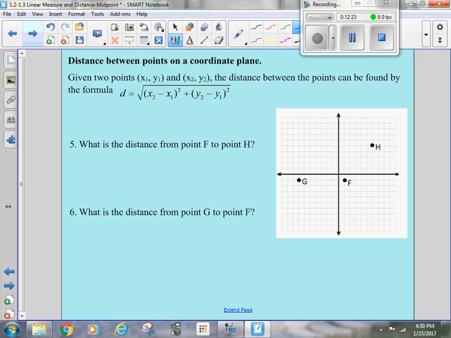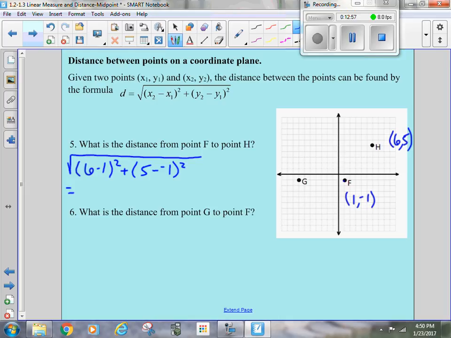So point F is at 1, -1, and H is at 6, 5. So we can take our formula and say it's square root of 6 minus 1 squared plus 5 minus a -1 squared.